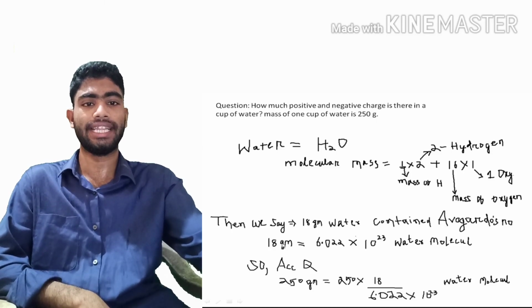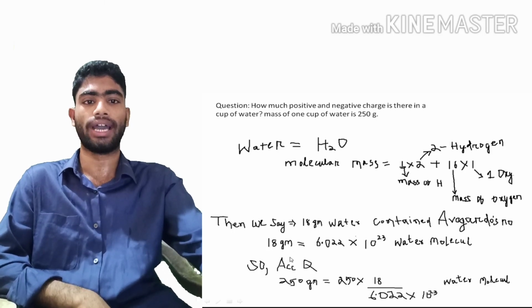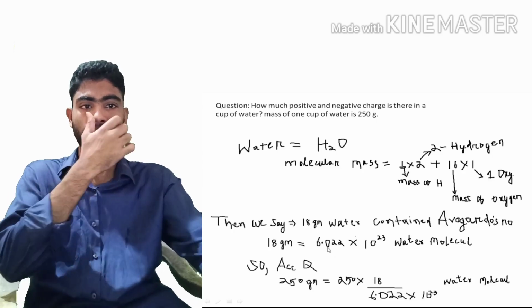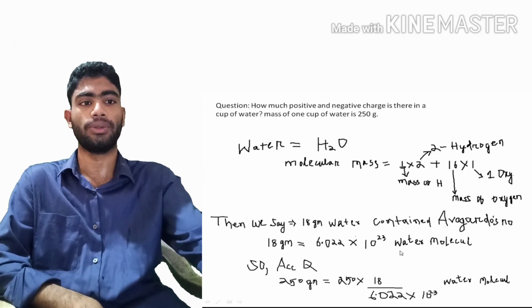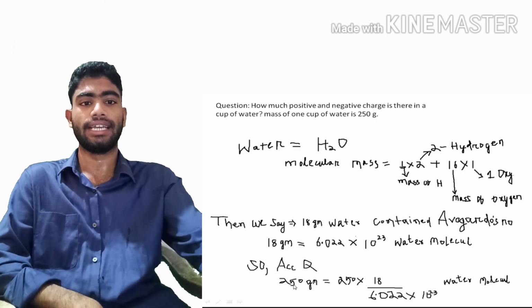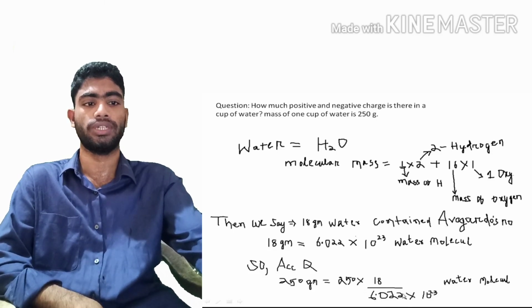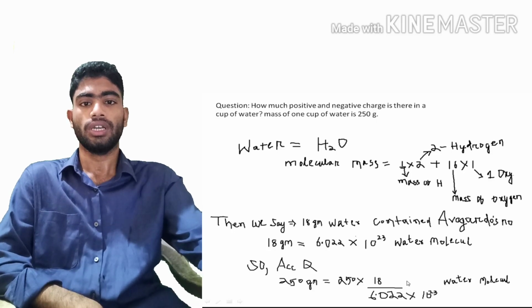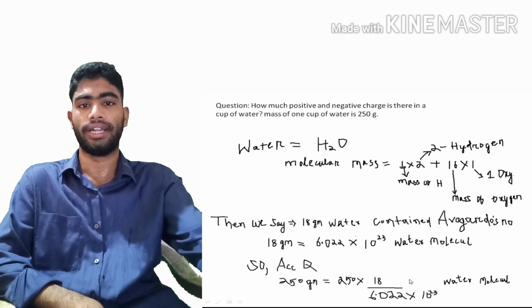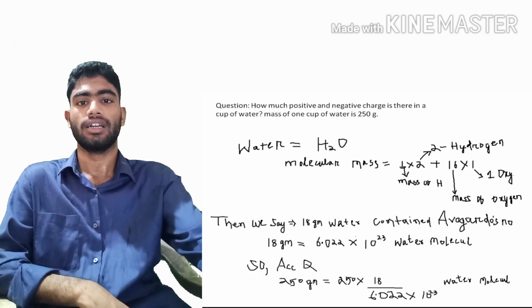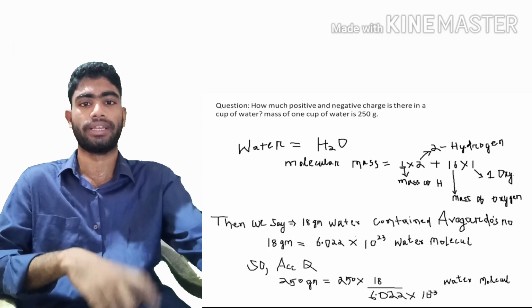Here I mention 18 gram equal to this many water molecules, and if I calculate for 1 gram, it is 6.022 into 10 to the power 23 by 18 water molecules. Like that, for 250 gram. Once we get the total number of water molecules, we can calculate the total positive or negative charge present in the 250 gram of water.